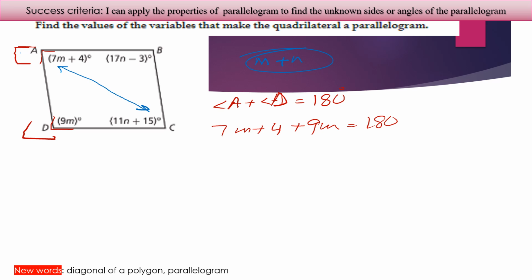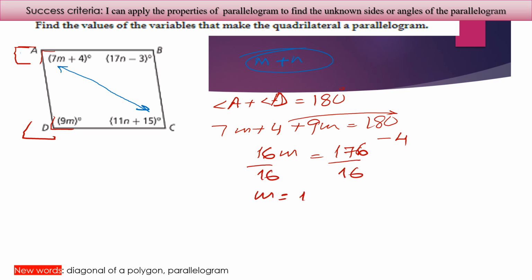So 9 plus 7 gives me 16m. Bring the 4 on the other side, plus 4 goes on the other side gives you negative 4. So my answer is 176. Now divide both sides by 16. So m equals to 11.